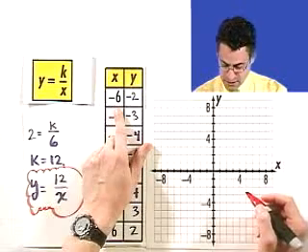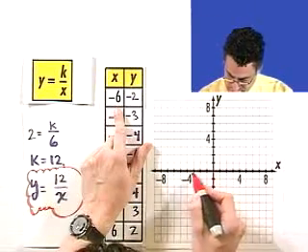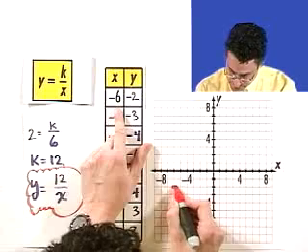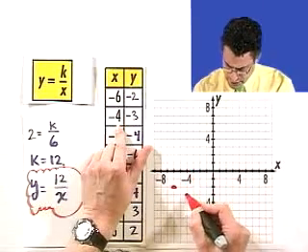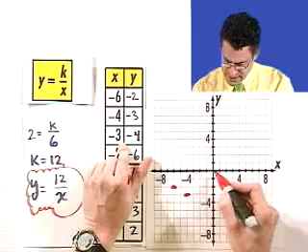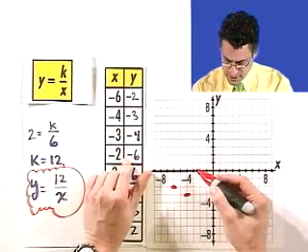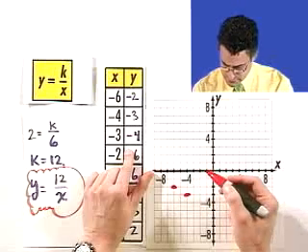All right. Negative 6, comma negative 2. Put a point there. Negative 4, comma negative 3. Negative 3, comma negative 4.